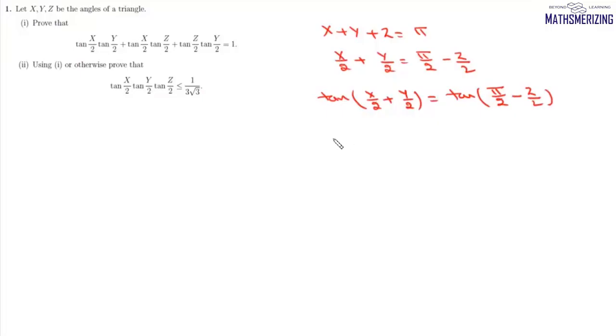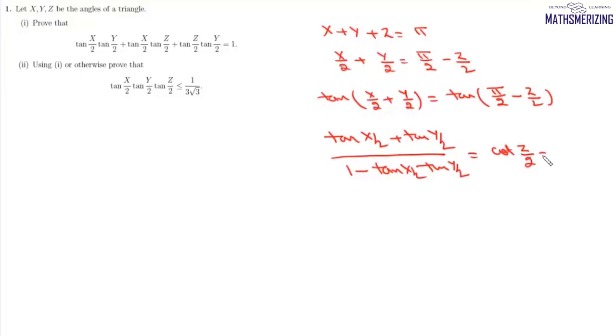Now this is tan(a + b), so it'll be (tan(x/2) + tan(y/2)) upon (1 - tan(x/2)tan(y/2)), and here it will be tan(90 - theta), which is cot(z/2), and we can also write it as 1 upon tan(z/2).